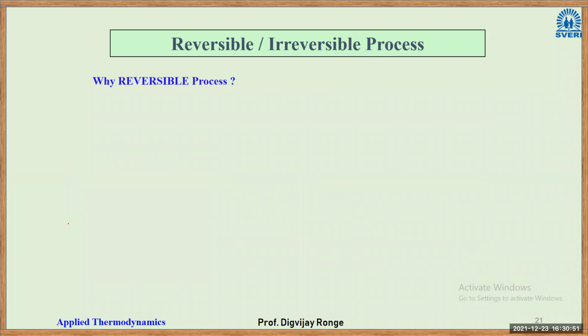Okay, so in the next lecture, we'll see more on reversible and irreversible processes. Reversible processes are important because they give you maximum efficiency. That is why they are studied in thermal engineering, right?